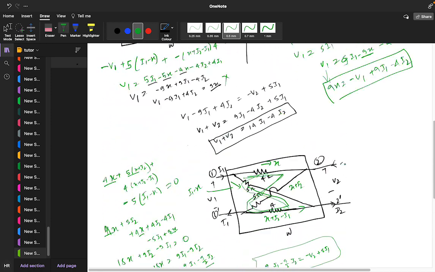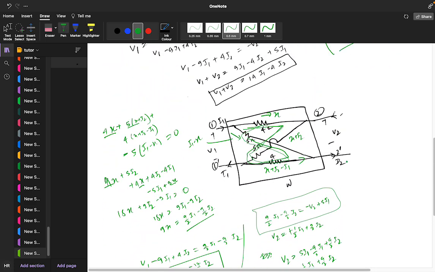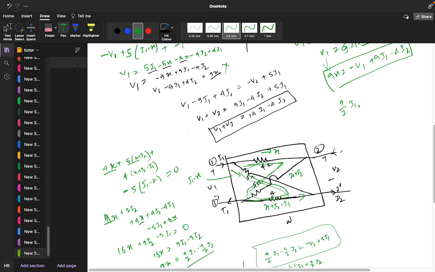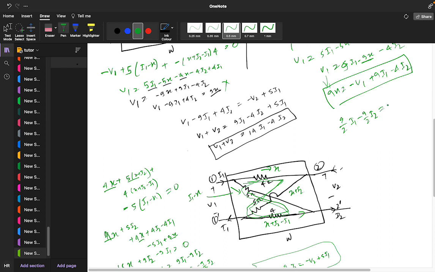Okay, so the 9x value was what? 9 by 2 I1 minus 9 by 2 I2. 9 by 2 I1 minus 9 by 2 I2 is equal to minus V1 plus 9 I1 minus 4 I2. Now solve the equation and get the result.